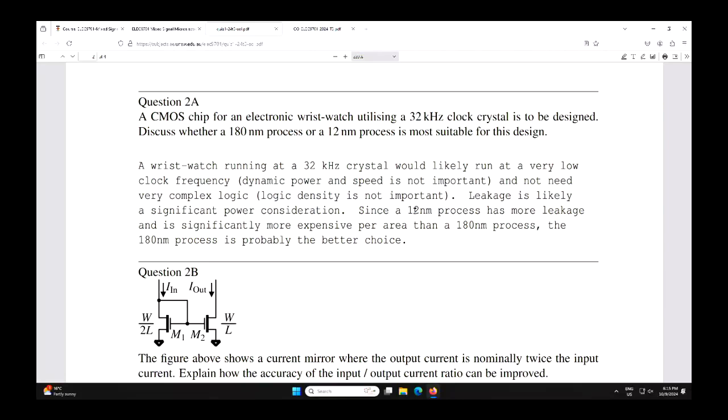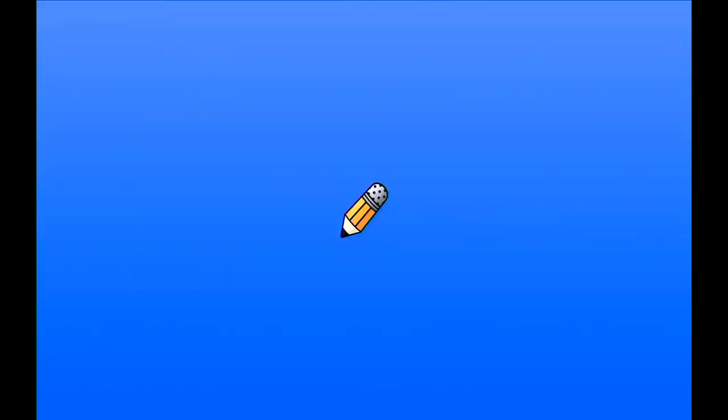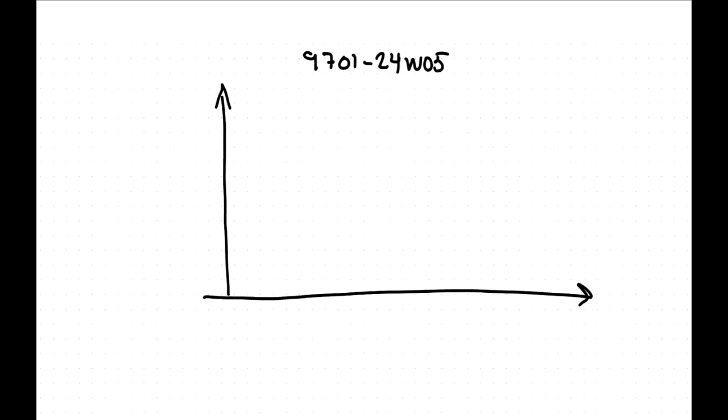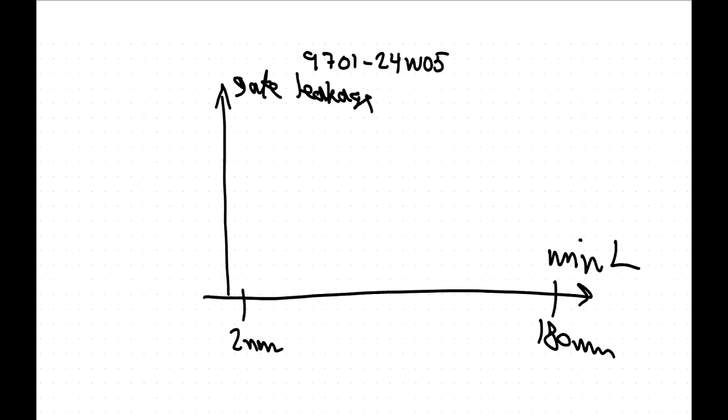So what you see with gate leakage, if you plot the minimum L here, going from, let's say, 180 nanometer down to 2 nanometer or something like that, and we have the gate leakage density, probably in amps per square meter or something like that.